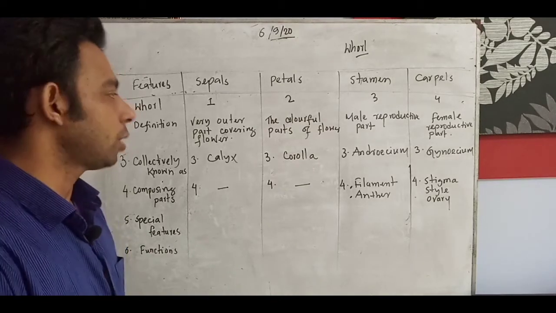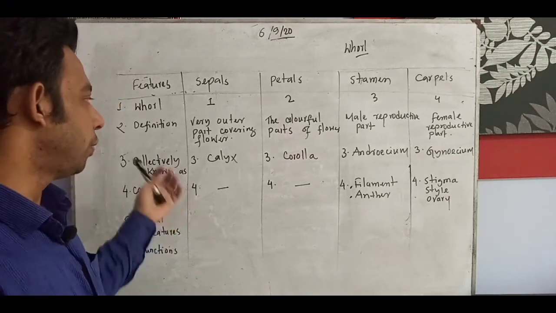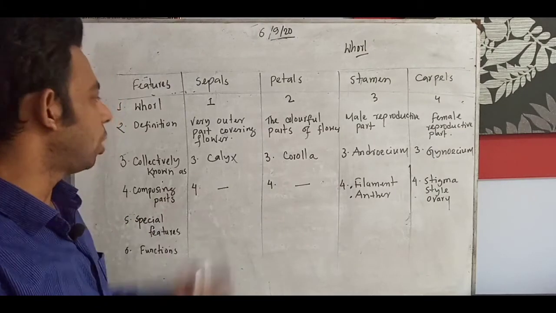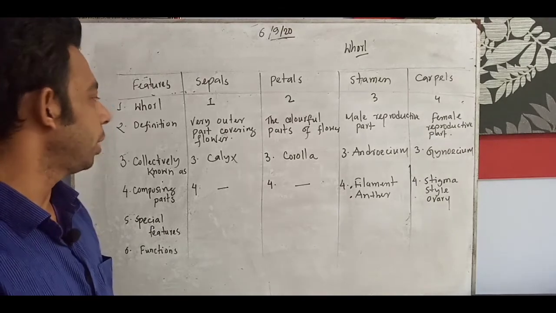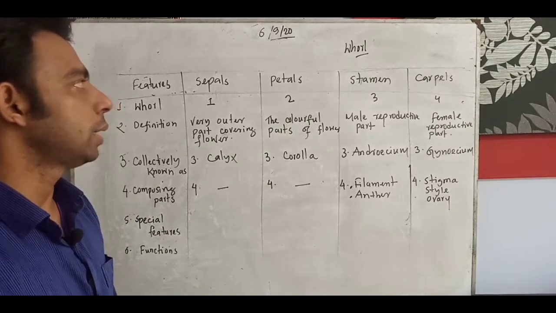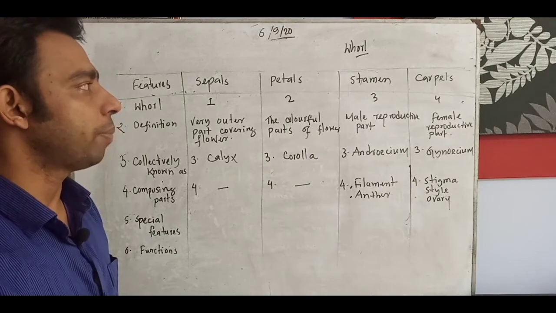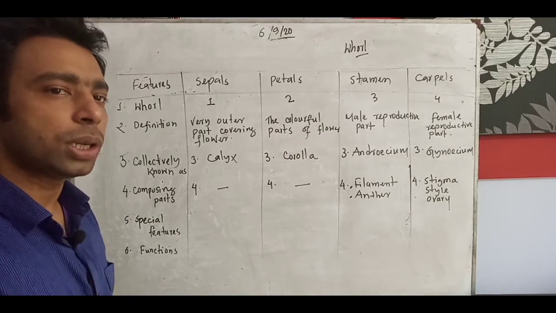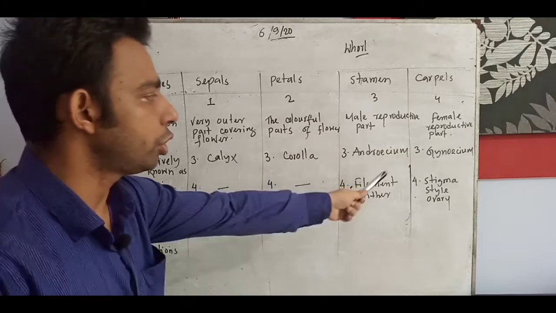This third one is very important and you should understand it, not only that, it is important for MCQ and SQ types of questions. Collectively known as calyx, in case of the petals it is corolla, collectively known as the androecium, collectively known as gynoecium. So it is very important to remember and note: calyx, corolla, androecium, gynoecium.